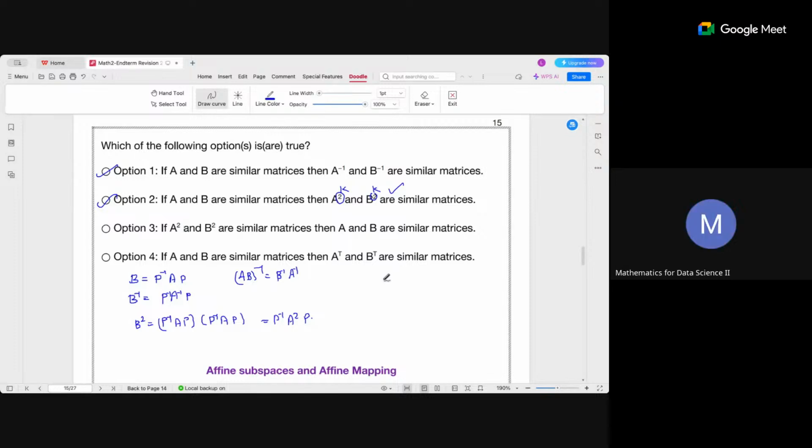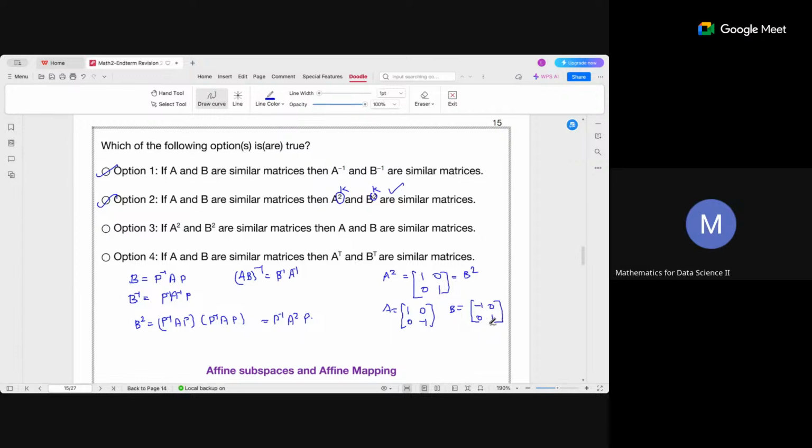For example, let us take A square and B square to be the same matrix. Now A is 1 0 0 minus 1, B is minus 1 0 0 1.